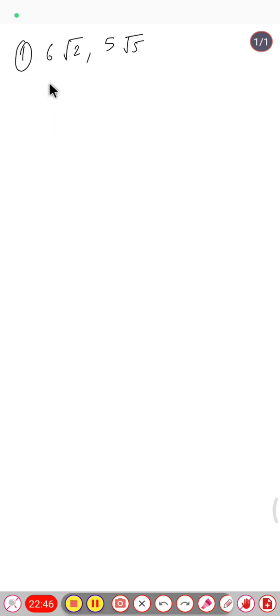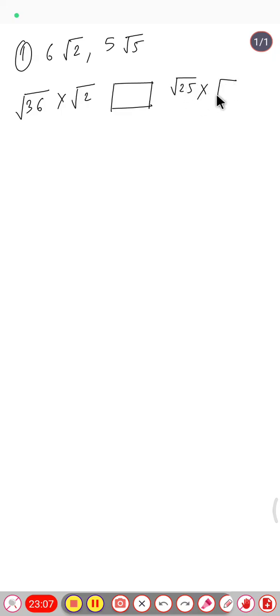So what we have to do in general, here it's 6 inside, so we can write this as root of 36. Here it's a product, that means we have to multiply, it's a root, and here the 5 we can write as root 25, again root 5.